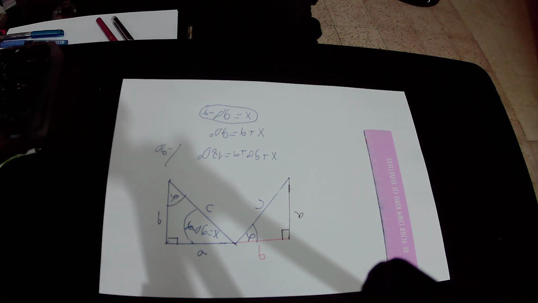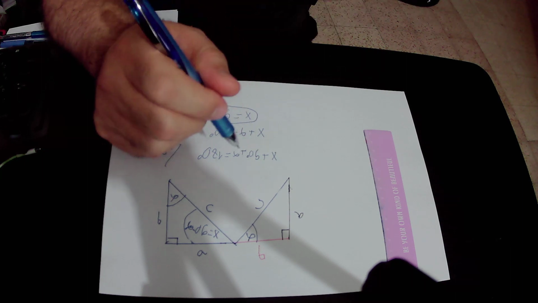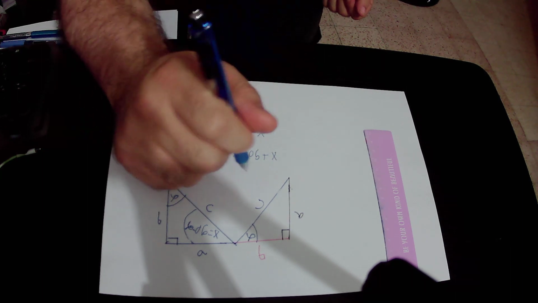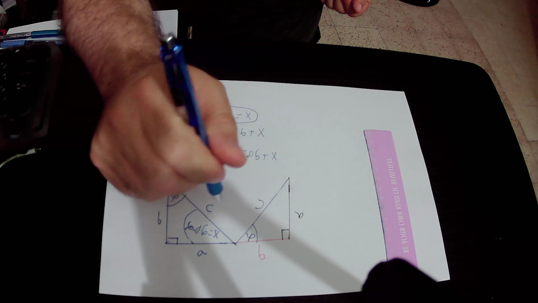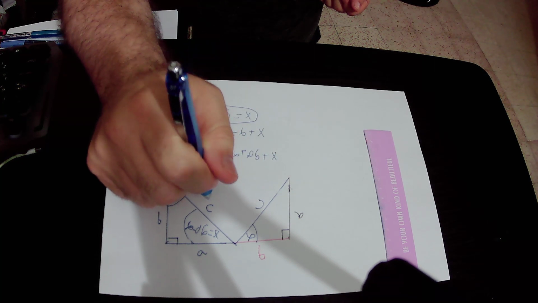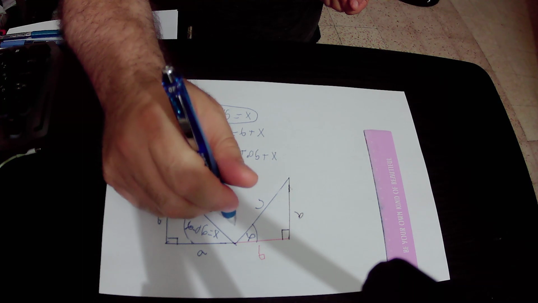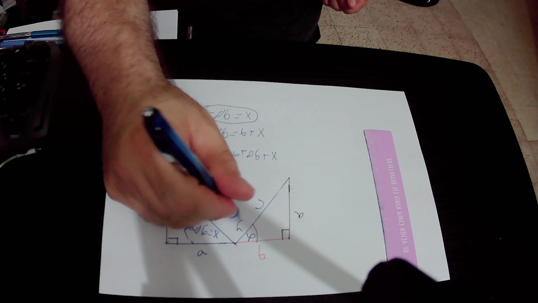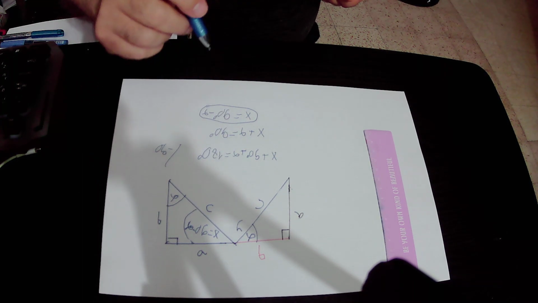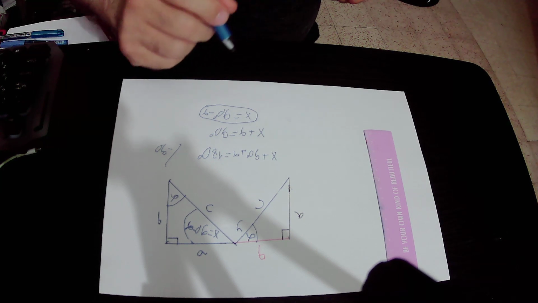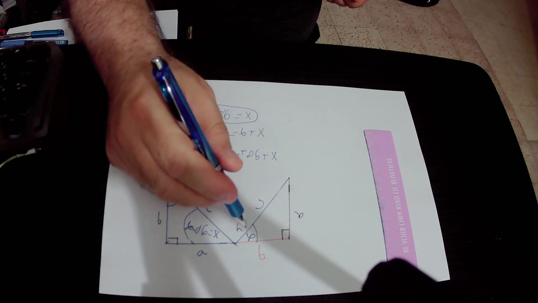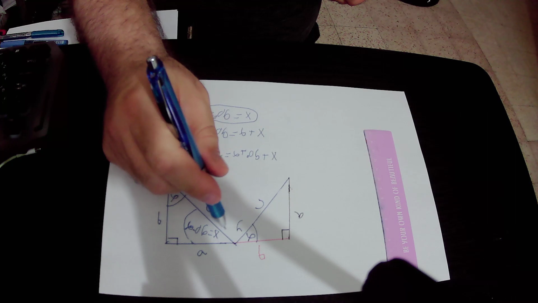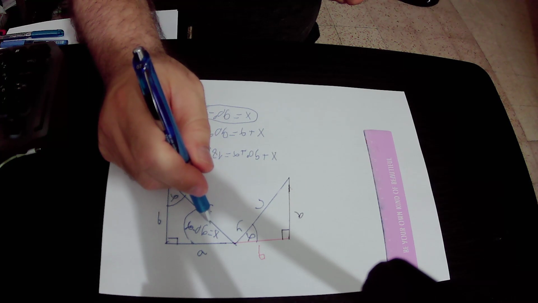And if we label the angle between side C in the left triangle and side C in the right triangle as y, then we also know that the sum of the angles on a straight line is 180 degrees.